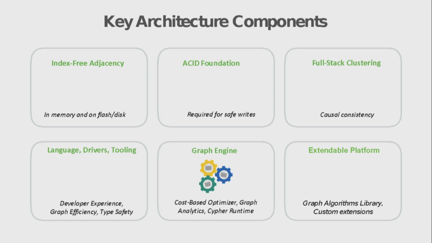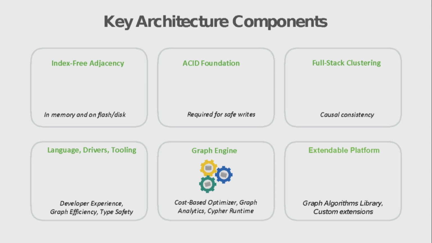We care a lot about data integrity. That's why we are ACID compliant, not only at the instance level, but also at the cluster level. We provide additional levels of consistency, like causal consistency, things like being able to read your own writes in a cluster, that are important for graph loads as well. We provide a number of drivers to simplify and help building solutions with Neo4j.